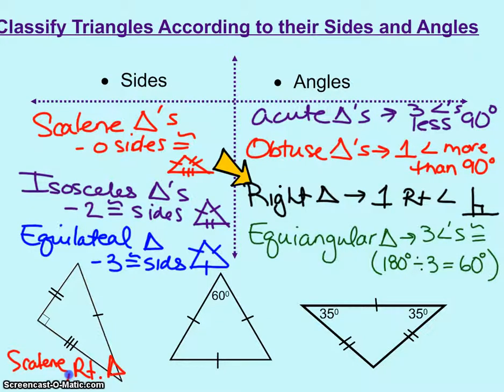The second triangle that we look at right here has 3 sides that are all marked exactly the same: 1, 2, 3. So we're looking up here in our list of terms, equilateral, because it has three sides that are the same.